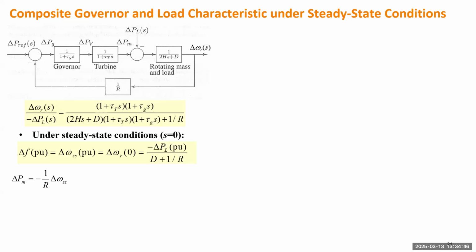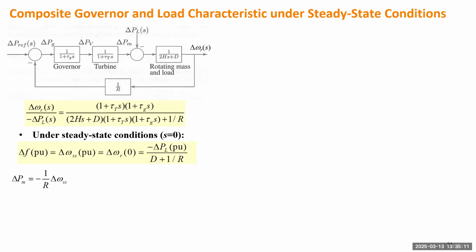So basically it's just the steady state frequency multiplied by 1/R to become delta PM. So delta PM is proportional to the speed deviation with the coefficient which is negative 1/R. That negative came from the negative feedback, the negative sign.